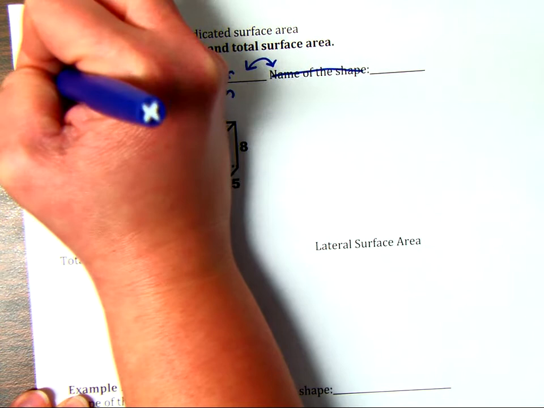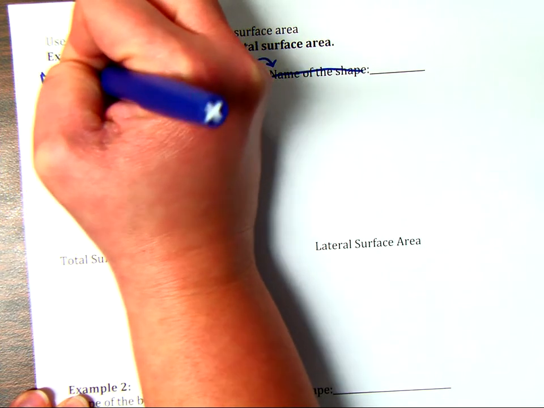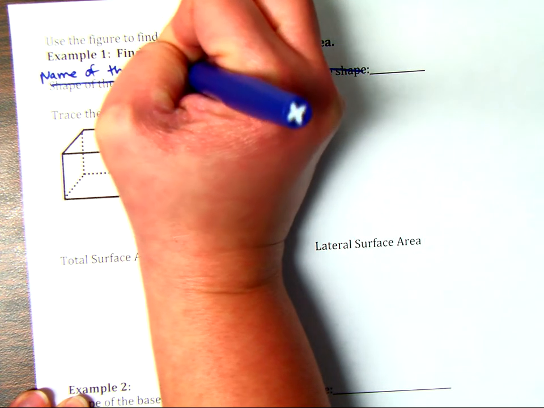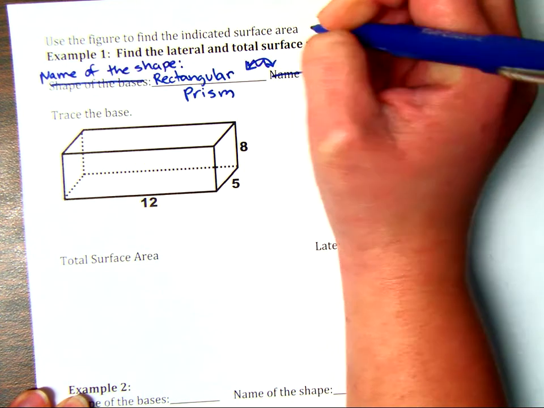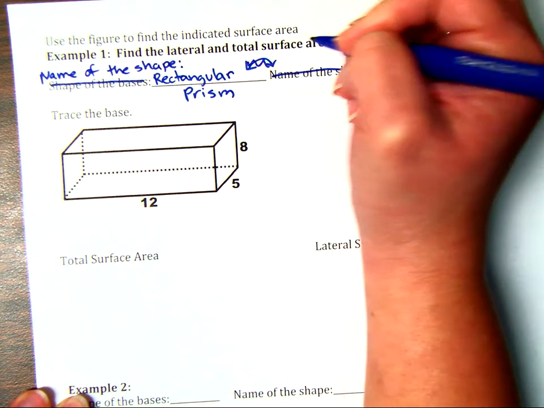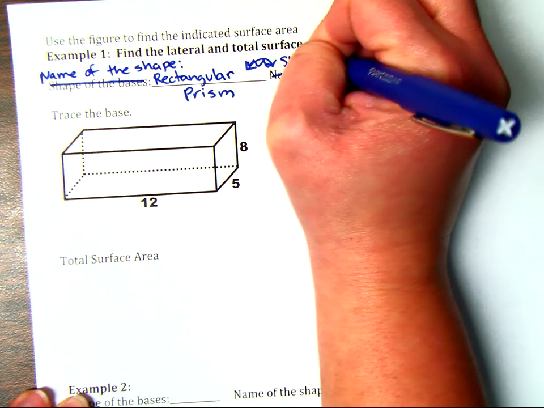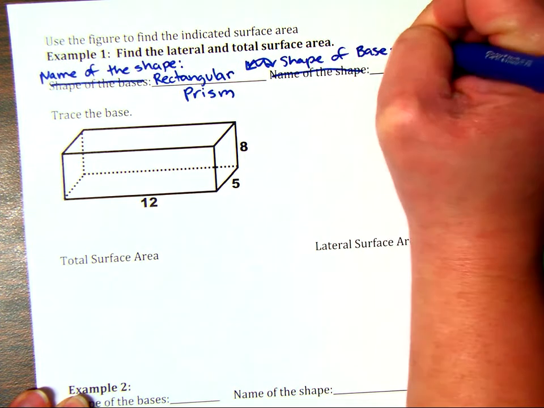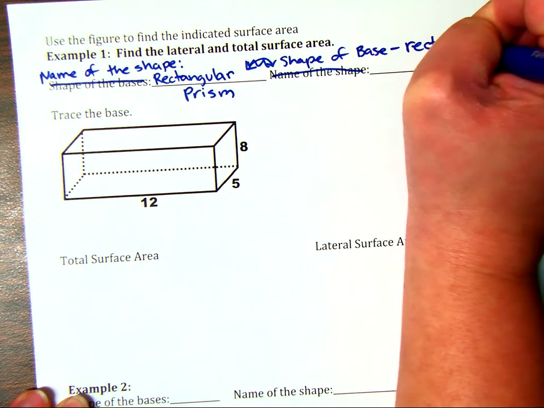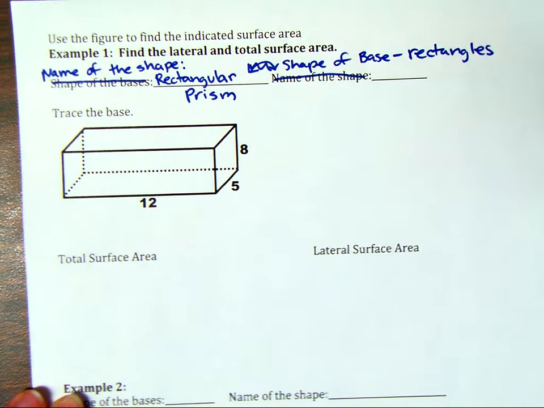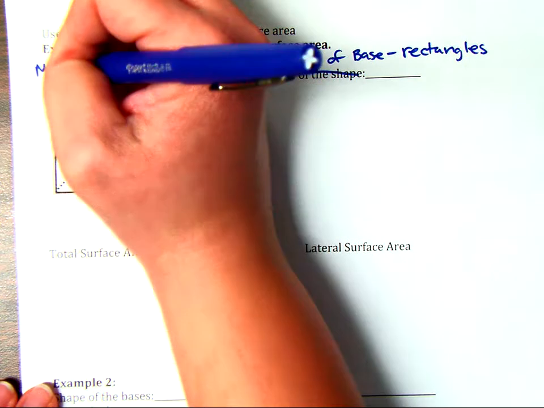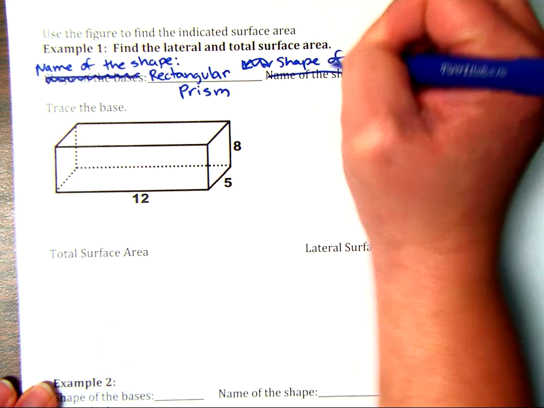Name of shape, and then shape of the base. So on your papers, yours may be right. Mine just got a little jumbled up. That's okay. So if the bases are rectangles, that's why it's a rectangular prism. So just read carefully on that.